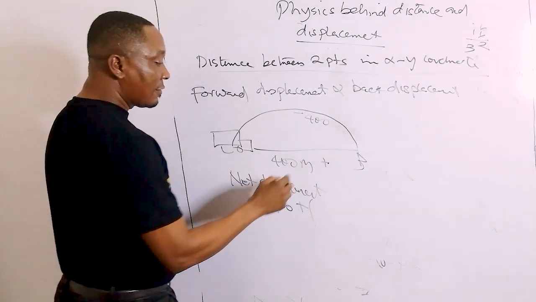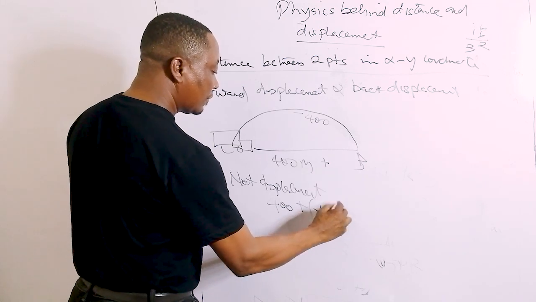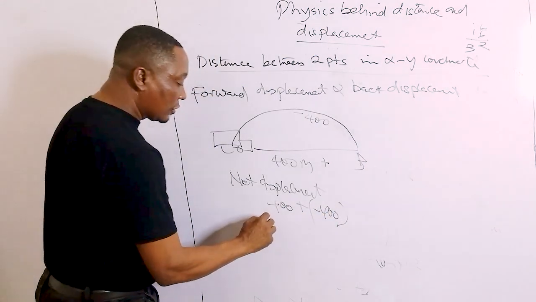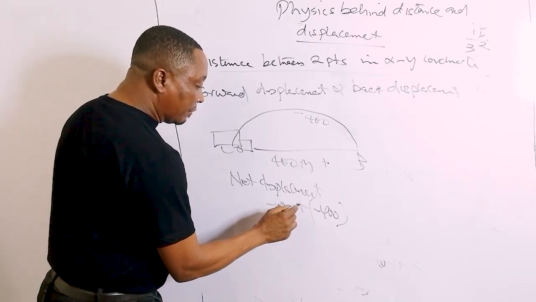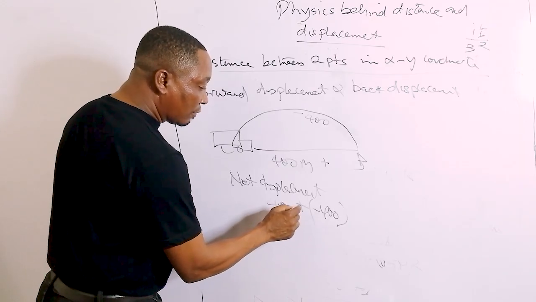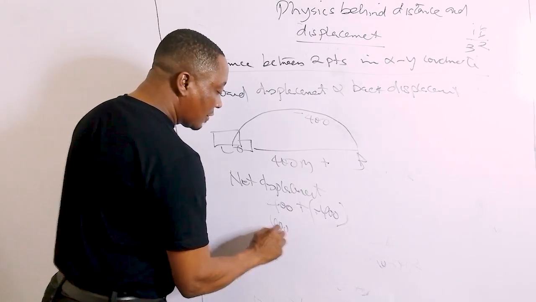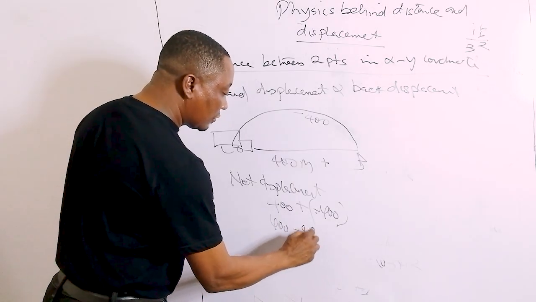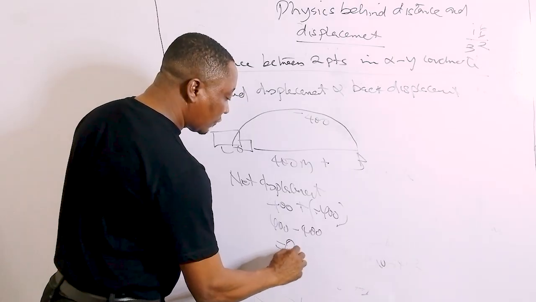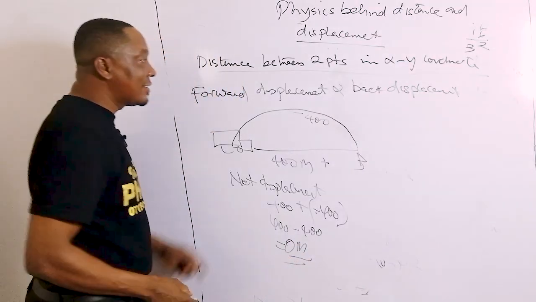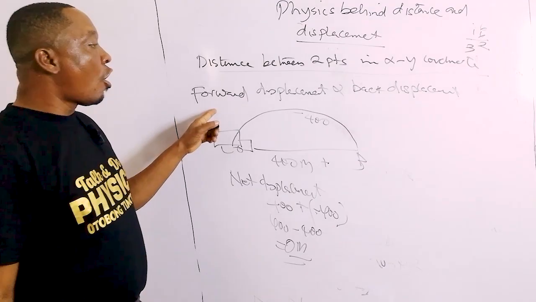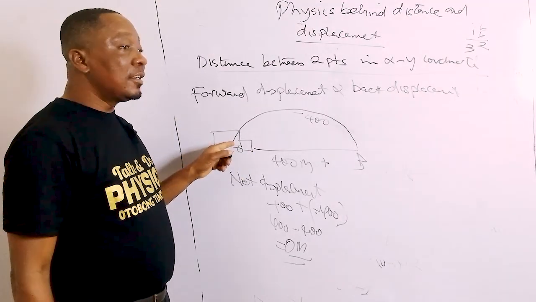So we say minus 400. So we now say 400 minus 400 gives us 0 meters. So the net displacement of this car is 0.